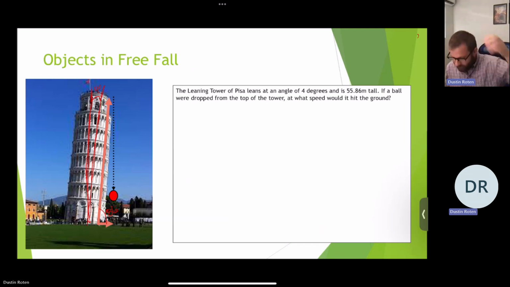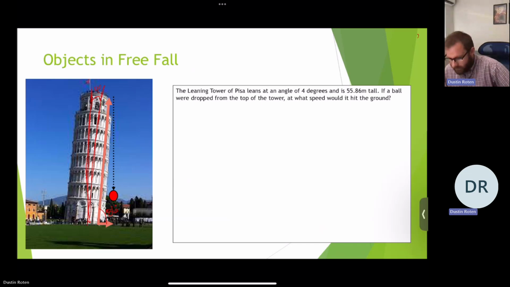All right, so we're dropping something off of the Leaning Tower of Pisa. Looks like we have a ball, and we're dropping it from the tower. The question is, given the fact that the Leaning Tower of Pisa is 55.86 meters tall, what speed would this ball hit the ground when we drop it?